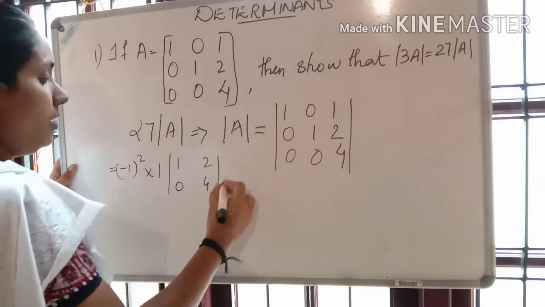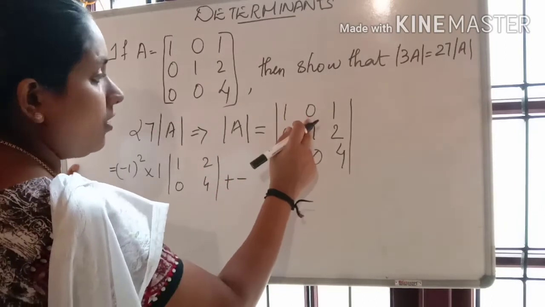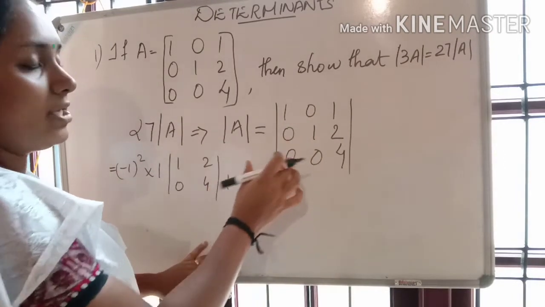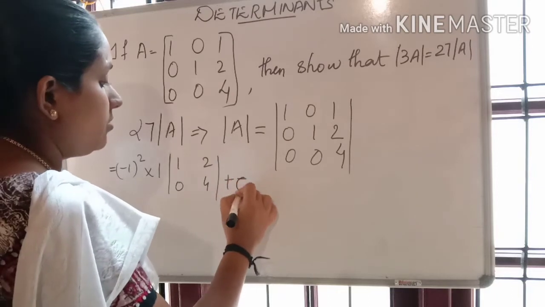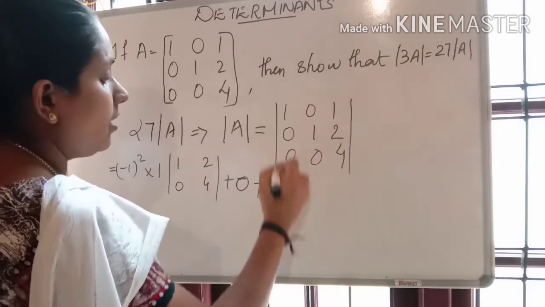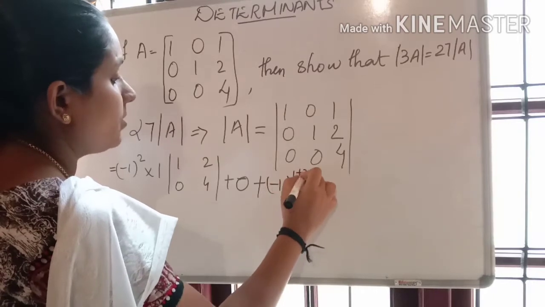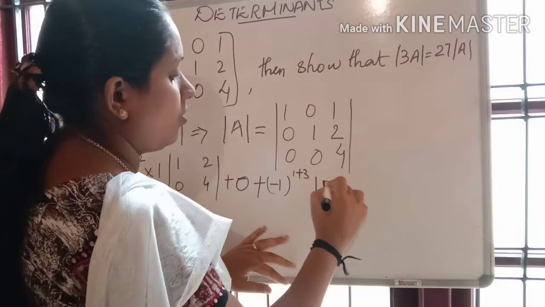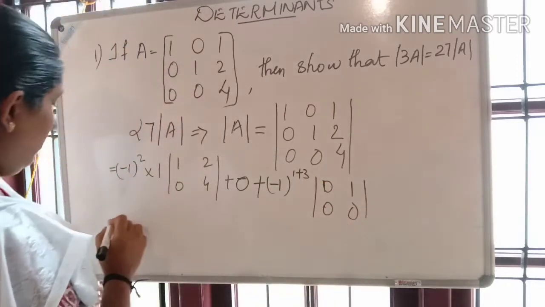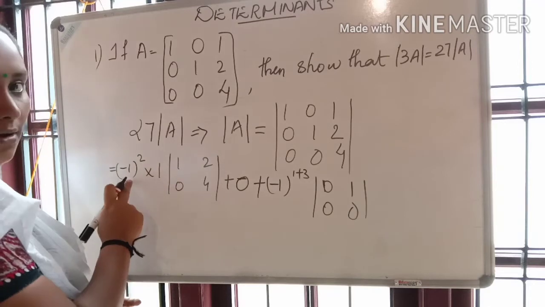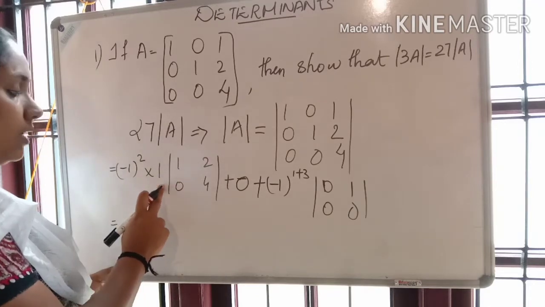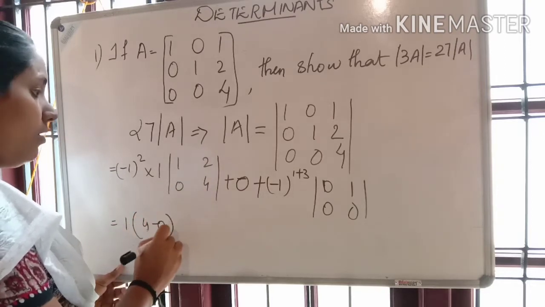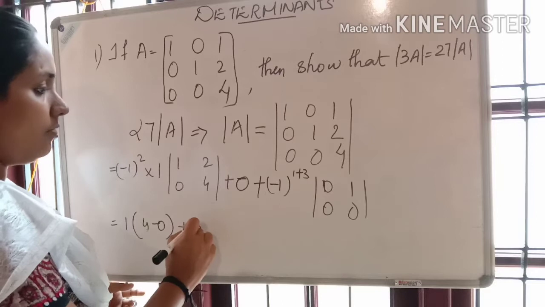Next 0: 0 into the determinant of that matrix will be 0. So it is 0, plus here we have to consider minus 1 power 1 plus 3. The remaining part is 0, 1, 0, 0. We get the answer as minus 1 power 4, that is 1, into 1 into 4, 4, minus 0 plus 0.